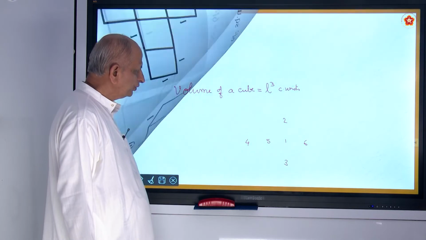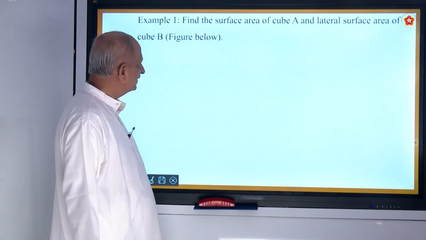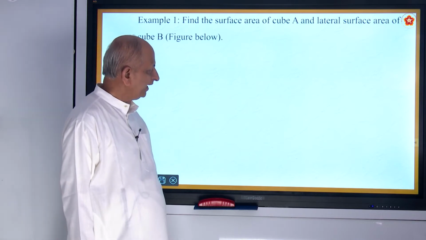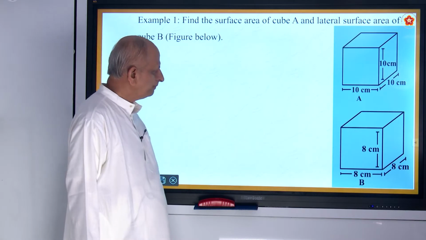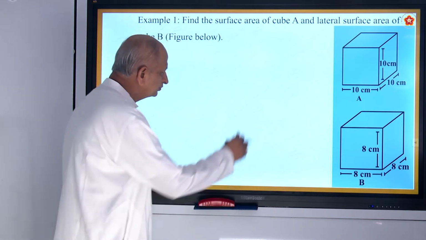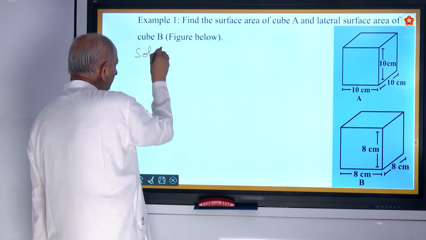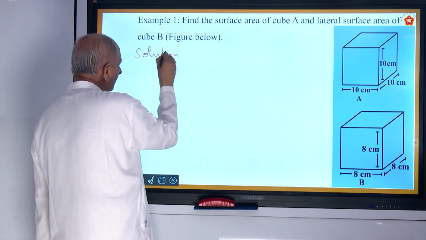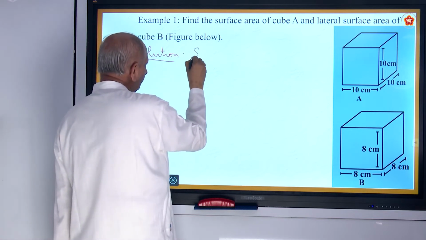Now coming to some problems on this. Find the surface area of a cube A and lateral surface area of a cube B. There are 2 cubes here. So in one you have to find out lateral surface area. In the first you have to find a surface area.